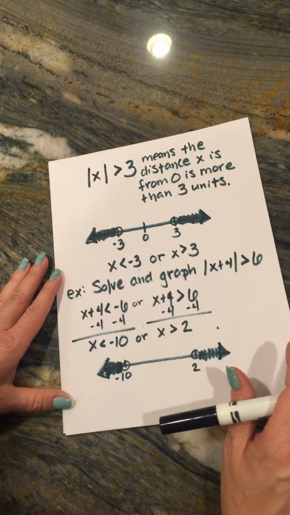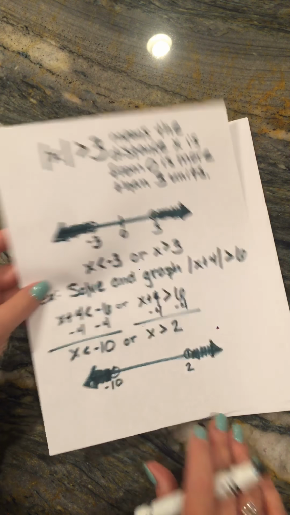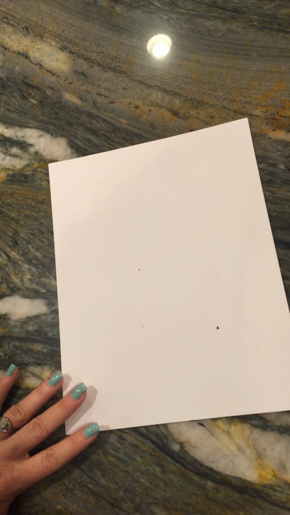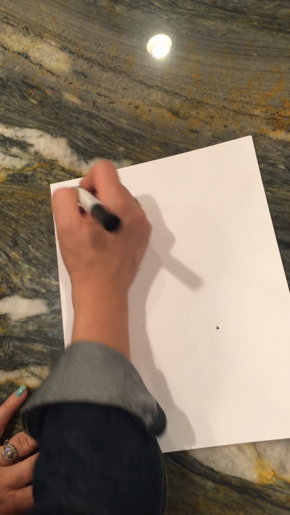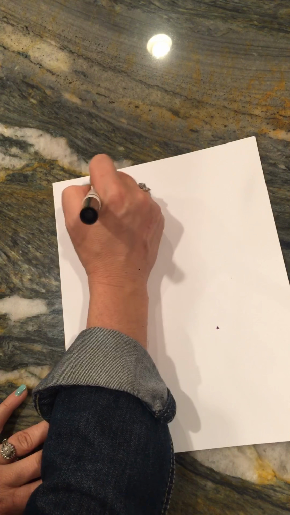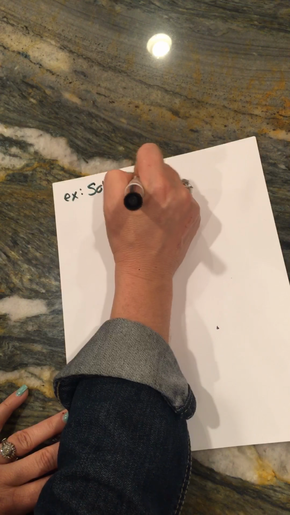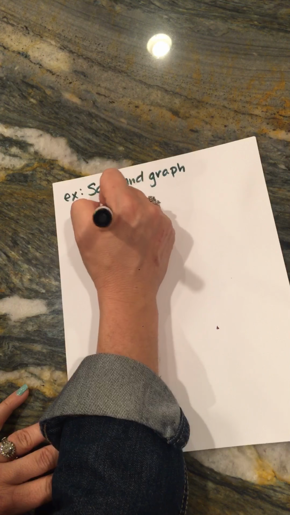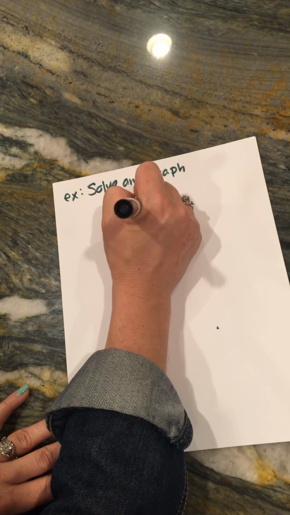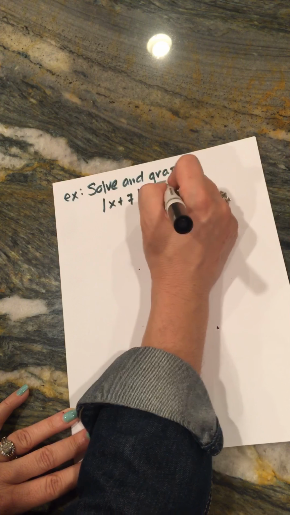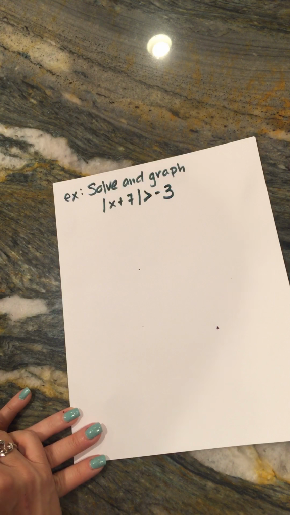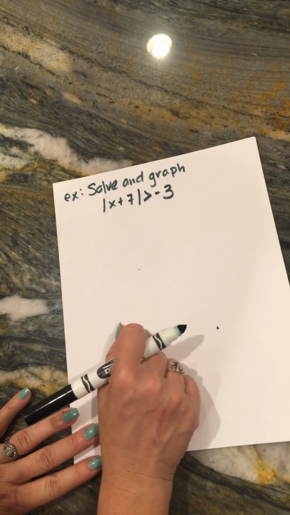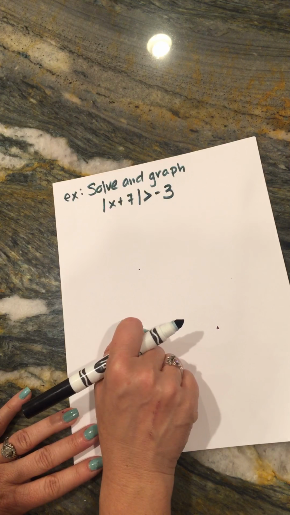Okay, and then I'm going to show you one more. Let's look at this guy, solve and graph the absolute value of x plus 7 is greater than negative 3. Okay, remember the last time we had a negative, that was a special case.